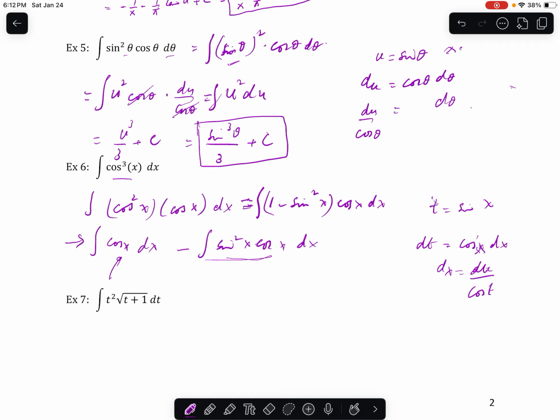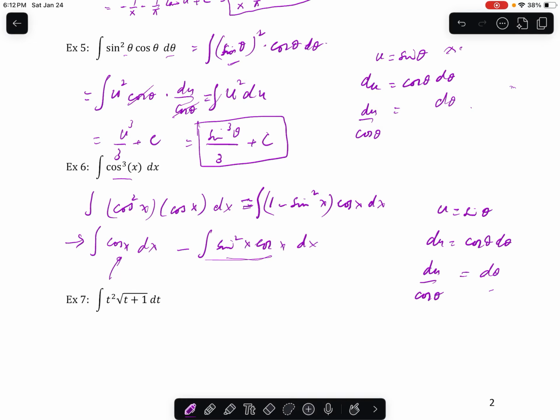Yeah, see, that's the confusion. Okay, let's go back to u, because we are so used to using u. u equals sine of theta, then du equals cosine of theta d theta. So d theta will be equal to du over cosine of theta.